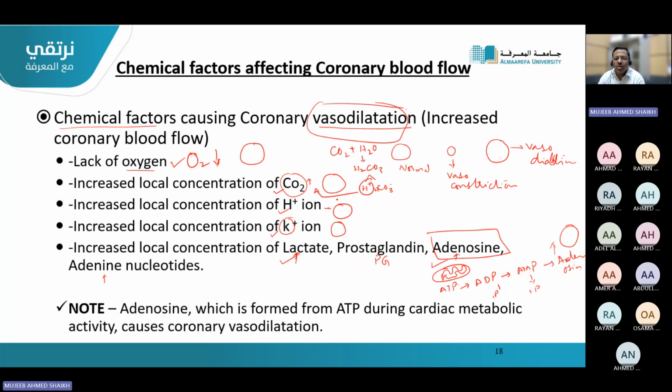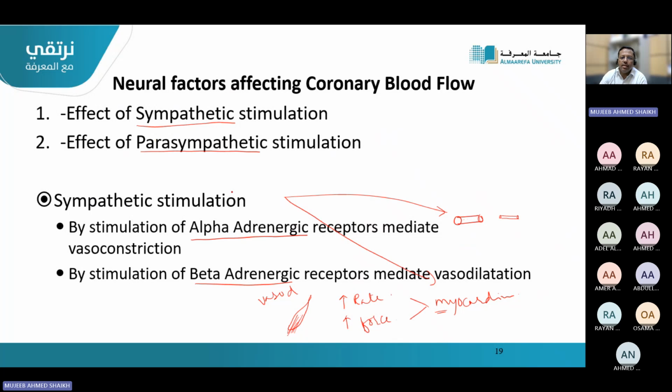What will happen to the coronary blood flow? Decrease? Why? Here, chemical factors are causing vasodilatation, meaning increased coronary blood flow. You got it or no? See here. Sympathetic stimulation through the alpha adrenergic receptor on the coronaries causes constriction, which will lead to decreased blood flow, right?